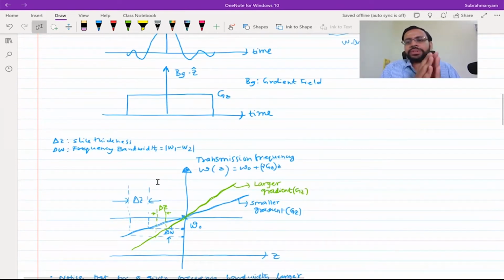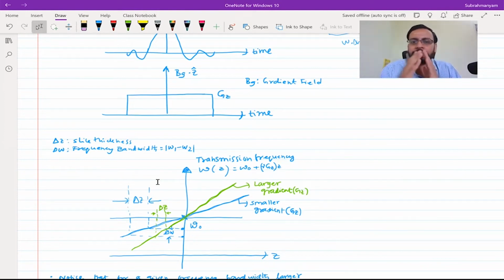Consider, for a given bandwidth, what is going to happen if I vary my gradient GZ. With smaller gradients, is the slice thickness at which I am going to acquire the images going to vary or not? If I increase GZ, is the slice thickness from which I'm getting the response increasing or decreasing?